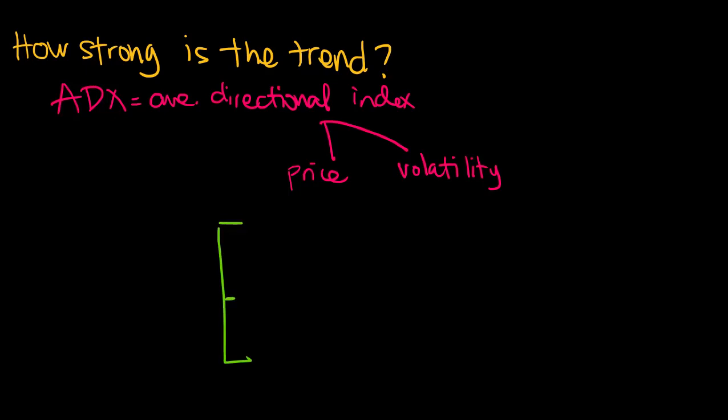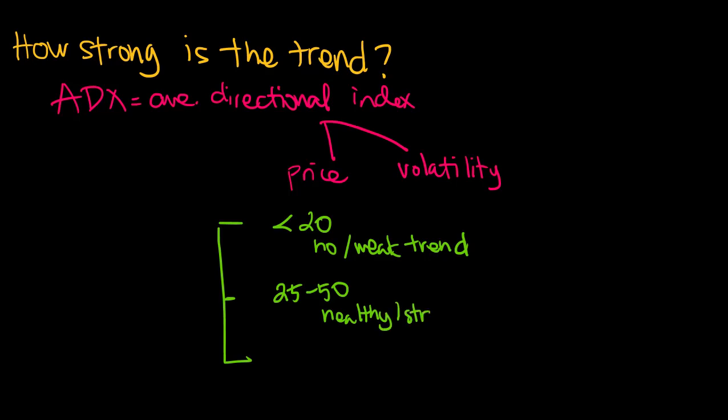A reading below 20 means that there is no trend existing, or the trend is weak. A 25 to 50 value means that there is a healthy, strong trend in place.